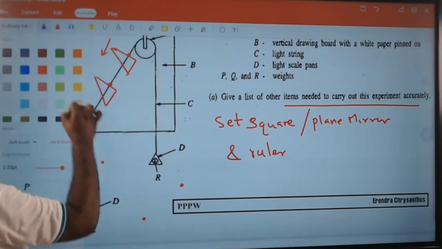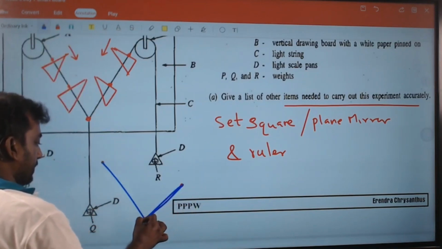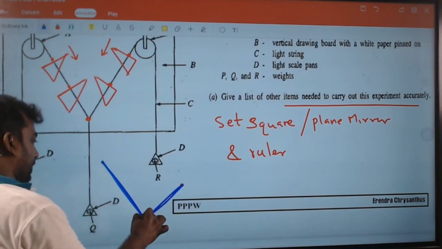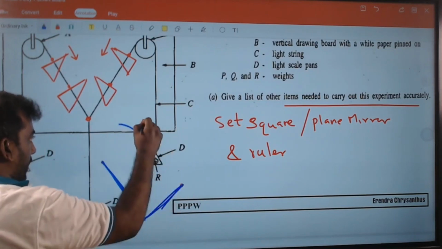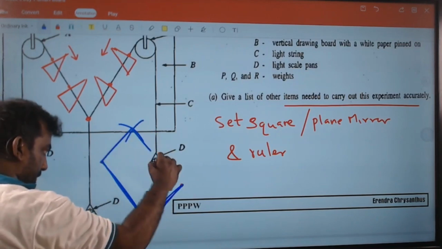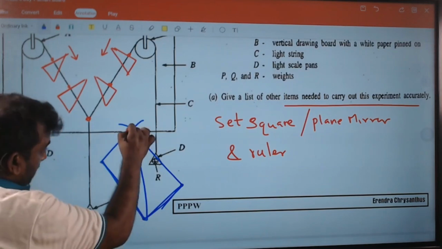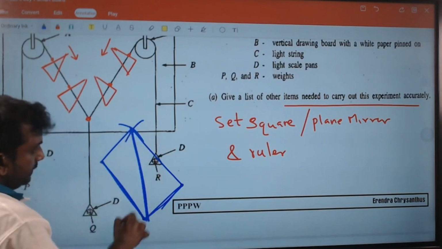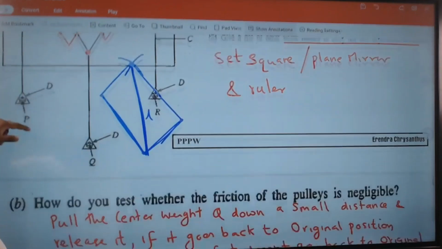Draw line segments proportional to the weight. Complete the parallelogram. Draw the vertical. Measure the vertical length. This vertical length will give you the required unknown weight.